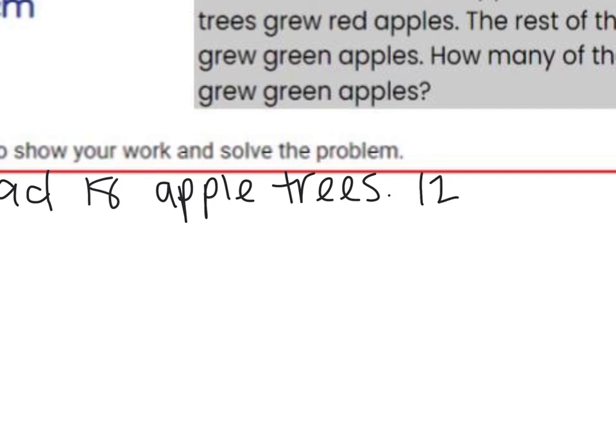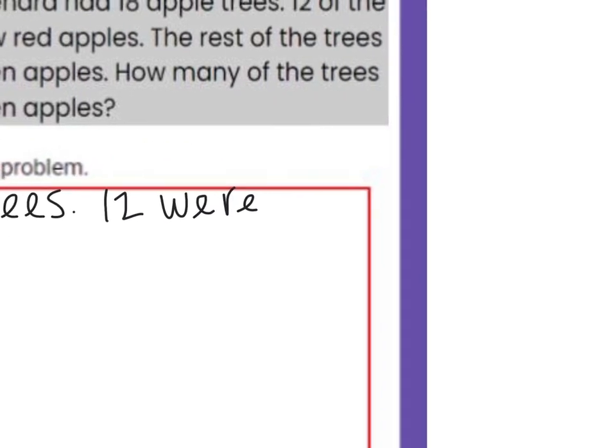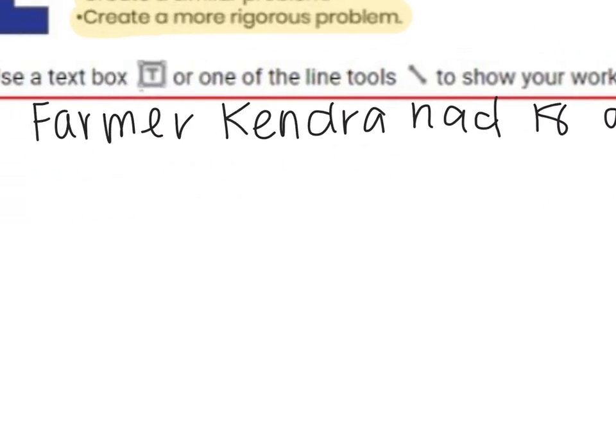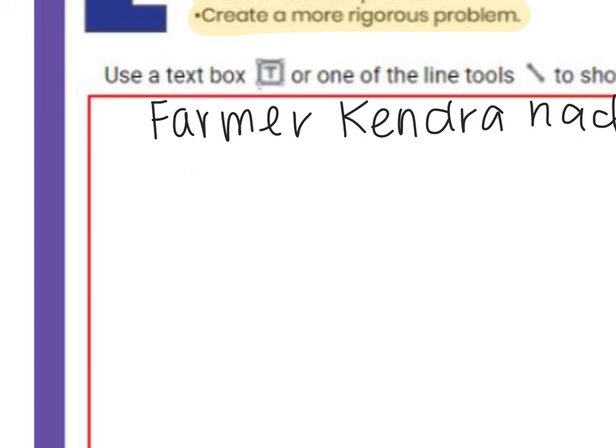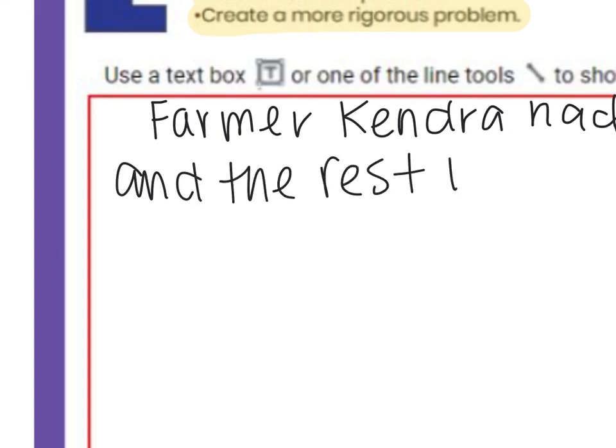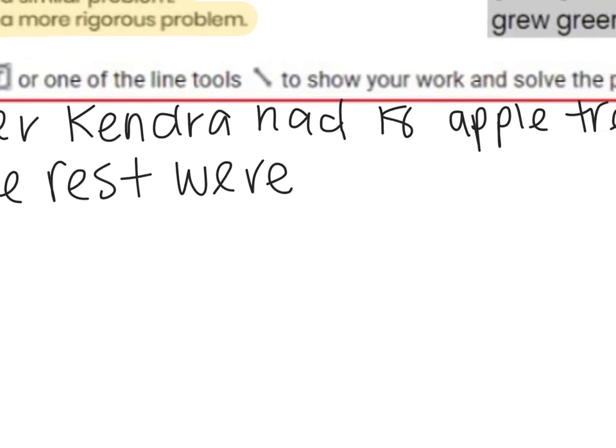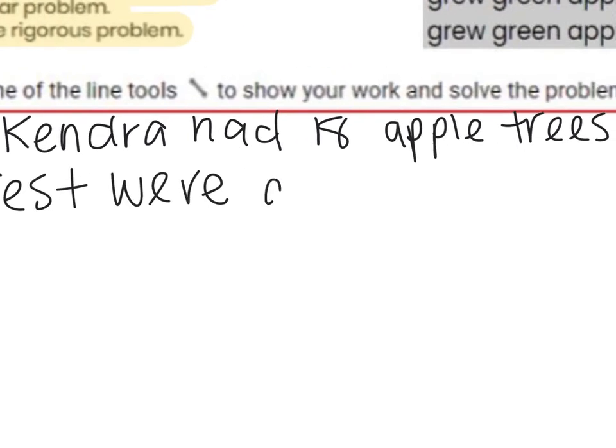Twelve were red. And the rest were green.